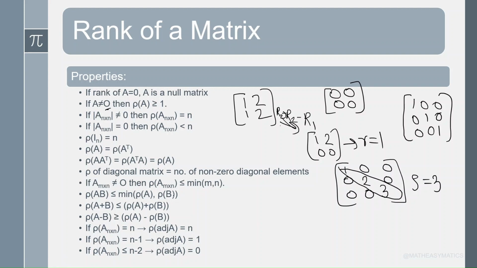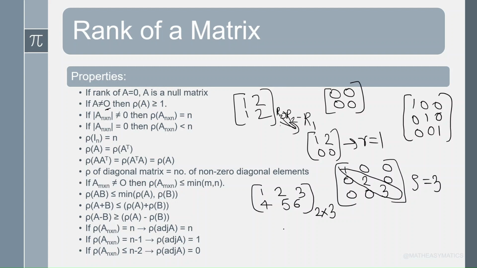Next is, if A, m cross n, is not a null matrix, then rank of A, m cross n, is less than or equal to minimum of m, n. So if we take a rectangular matrix, let's say 1, 2, 3, 4, 5, 6, this is a 2 by 3 matrix.